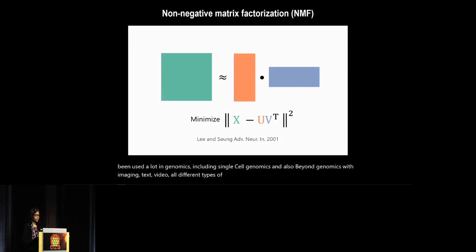What it does is it takes a matrix and gives you two low-dimensional representations such that when we multiply them together, we get out as good a representation as possible. But the important thing is that U and V, which are the low-rank matrices, are also non-negative, and they can be used to extract meaningful patterns in the data.